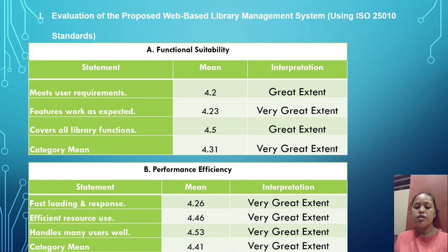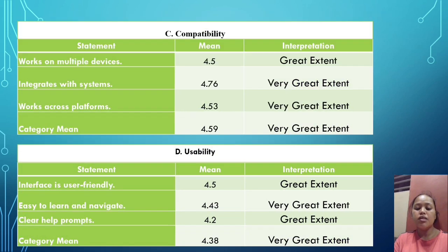Performance efficiency. The category mean is 4.41, a very great extent. The system is responsive and efficient even under high usage or large data sets. This aligns with earlier results from Part 1, indicating performance is not a major concern. Then, we have compatibility.